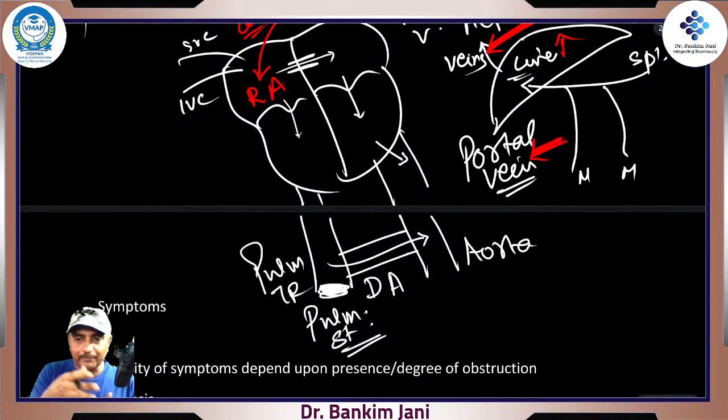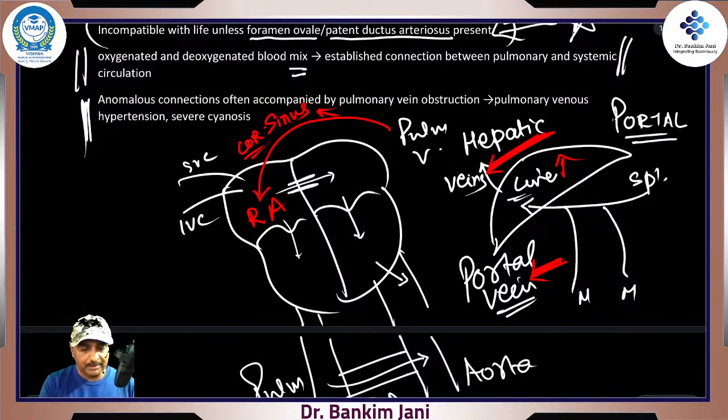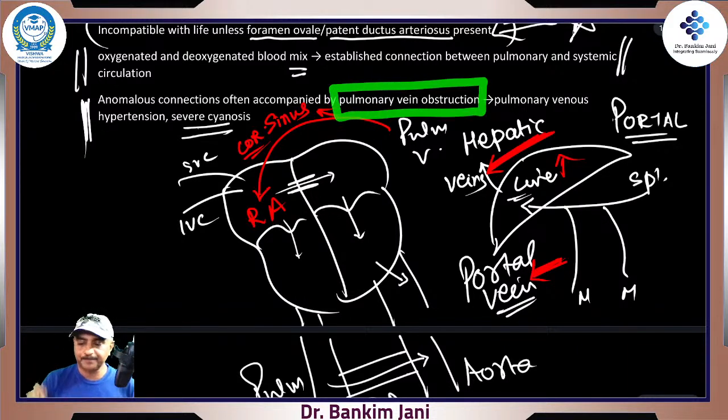Till when there is fetal circulation, right? This is not playing any role because as such the lungs are not functioning. But now when there is pulmonary stenosis postnatal, post birth, right, it will lead to cyanosis because of this one important association, and it is pulmonary vein obstruction.